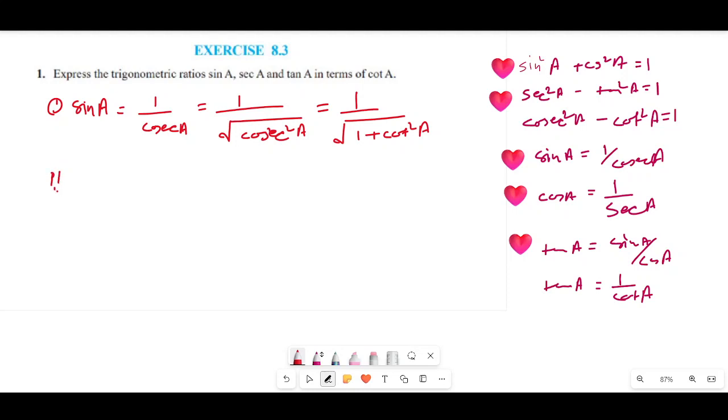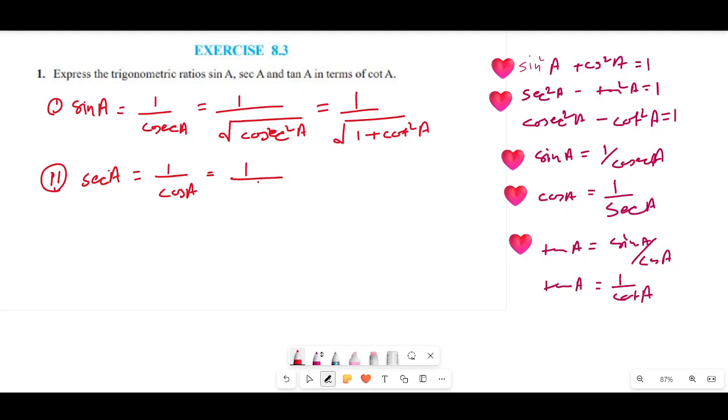Now, the second part of this question, sec A. If we want to write it in the form of cot A, then how can I write it? Sec A is the reciprocal of cos A. Clear?